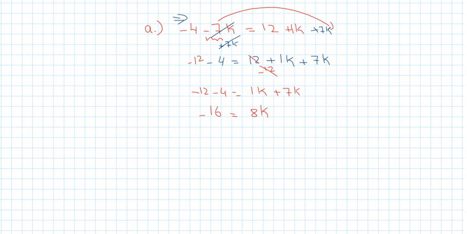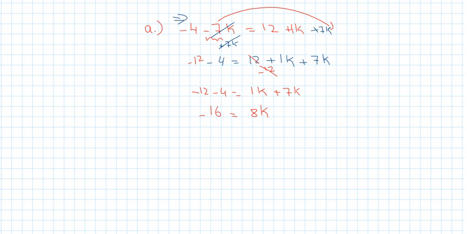Now k is not by itself yet. K is still multiplied by 8. What do I need to do to get rid of that 8? What's happening between the 8 and the k? Addition, subtraction, multiplication, division. What's happening?